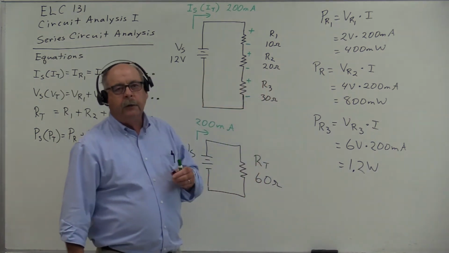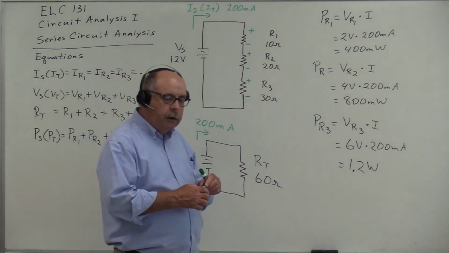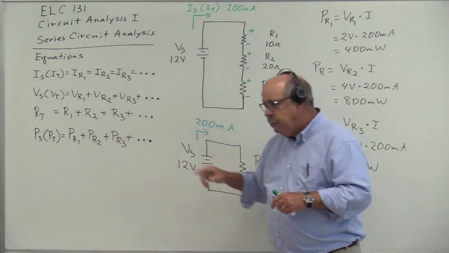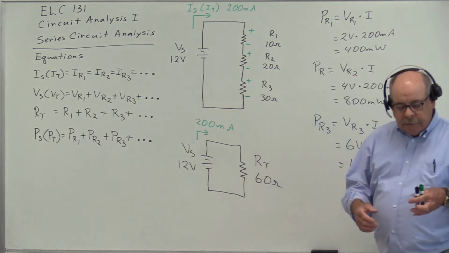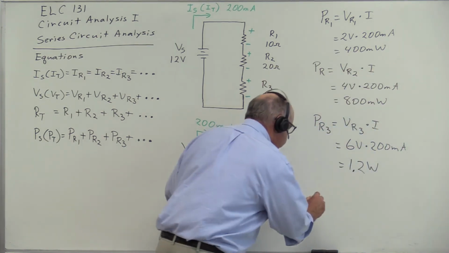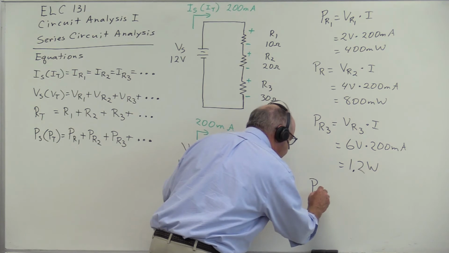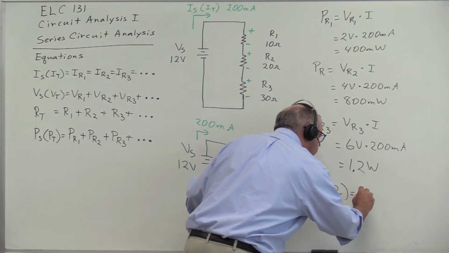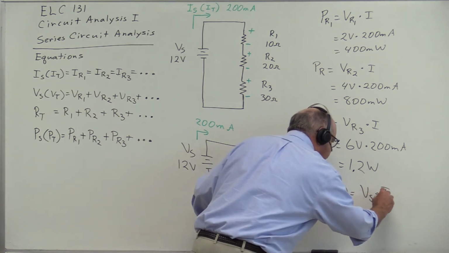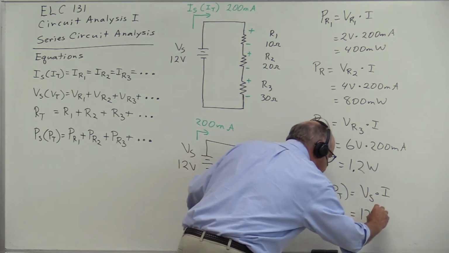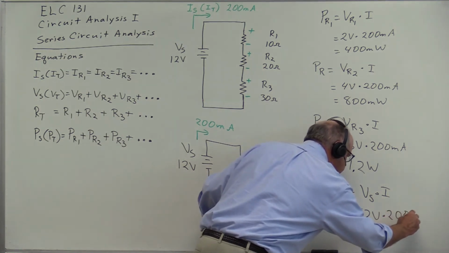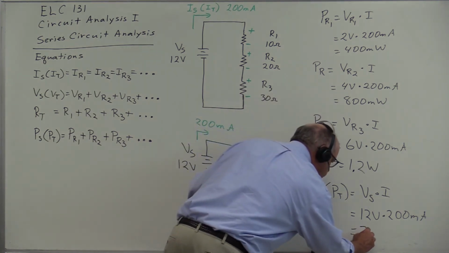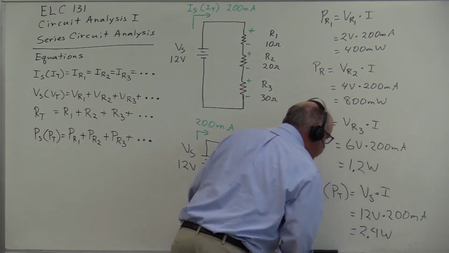Now, the total power delivered by the source can be calculated 2 ways. We can find the sum of the individual power dissipations, or we can use our power formula to say that the source power, or the total power, equals V source times I, 12 volts times 200 milliamps is how much? 2.4 watts.